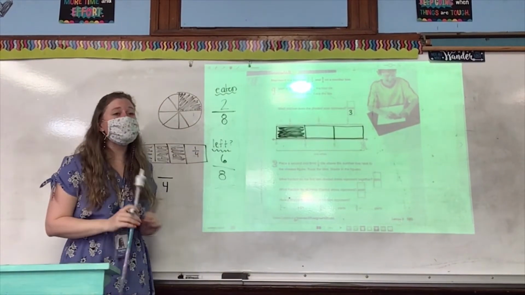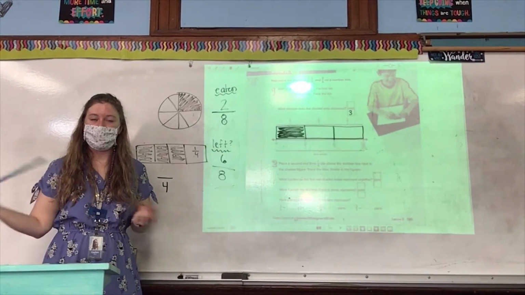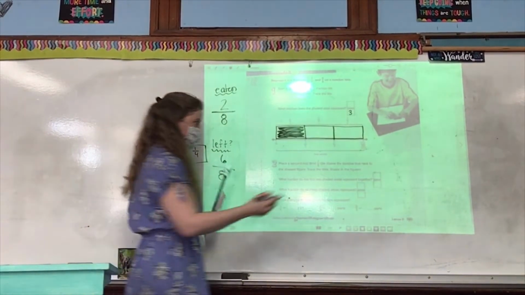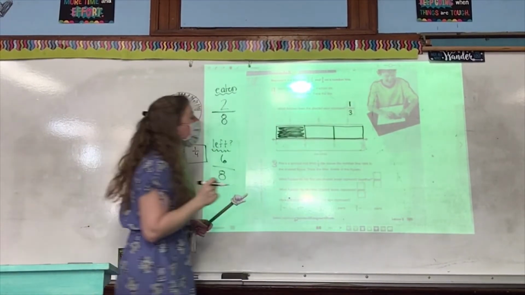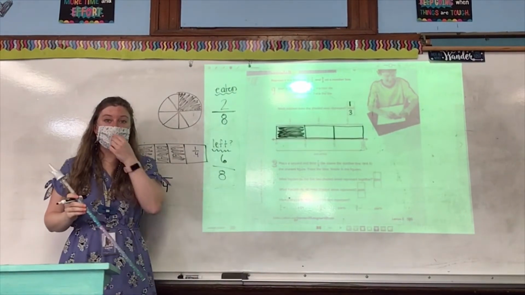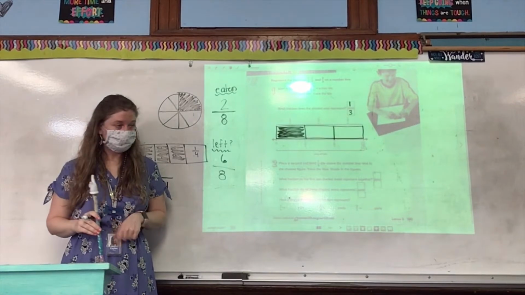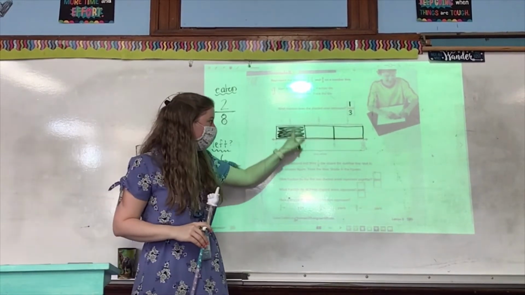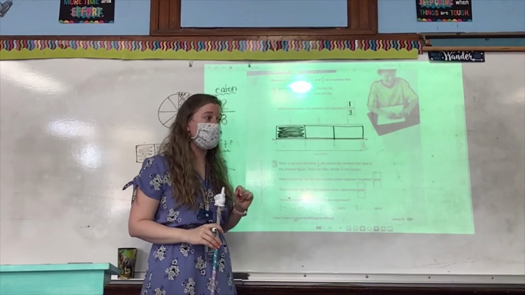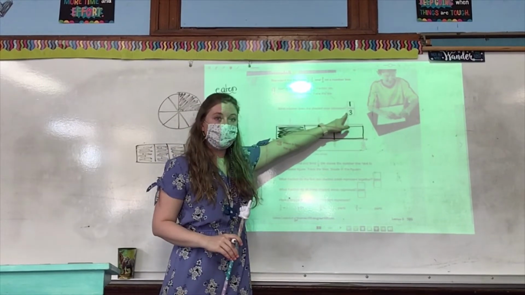Out of these 3 pieces, how many have I shaded, class? 1. Remember, my numerator represents how many pieces out of the whole are shaded. Since 1 out of 1, 2, 3 pieces is shaded, I have shaded 1/3.